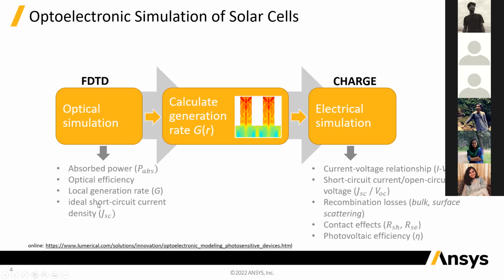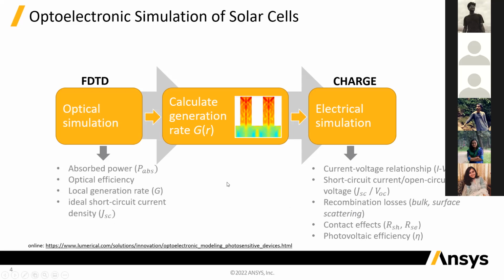So one assumption that you can often make is that there's no electrical loss, and so you simply can figure out what is the maximum current that I can get out of this solar cell, which is simply counting how many photons you are absorbing and how many electron hole pairs that translates to. And that can give you the ideal short circuit current density. So even with just the optical simulation, you can get an understanding about the maximum short circuit current that you can get from your solar cell, even before you do the electrical simulation.